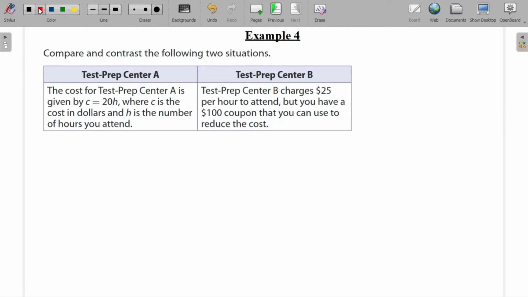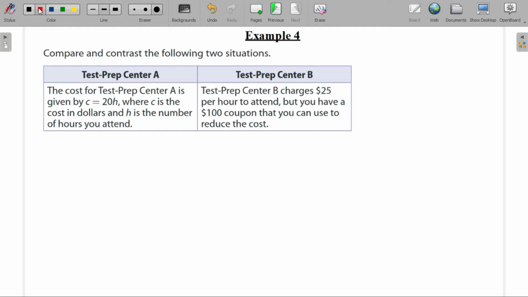In example 4, we're asked to compare and contrast the following two situations. So our first situation is Test Prep Center A. It says the cost for Test Prep Center A is given by C equals 20H, where C is the cost in dollars and H is the number of hours you attend.